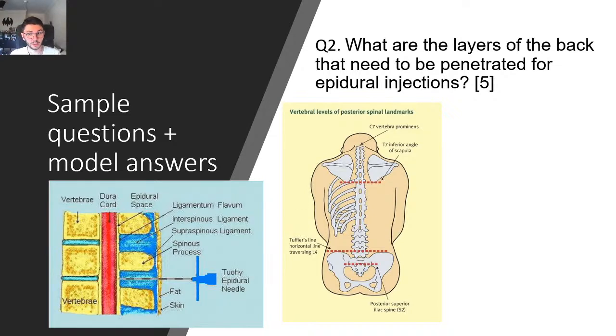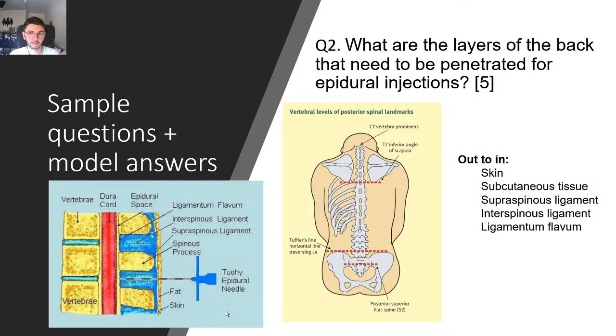So you have subcutaneous tissue, the supraspinous ligament, the interspinous ligaments that go side to side, and then you have this thing called the ligamentum flavum. Flavum means yellow, it's the yellow ligament. This is the last thing you penetrate before you reach the canal, so that's the final bit of resistance.